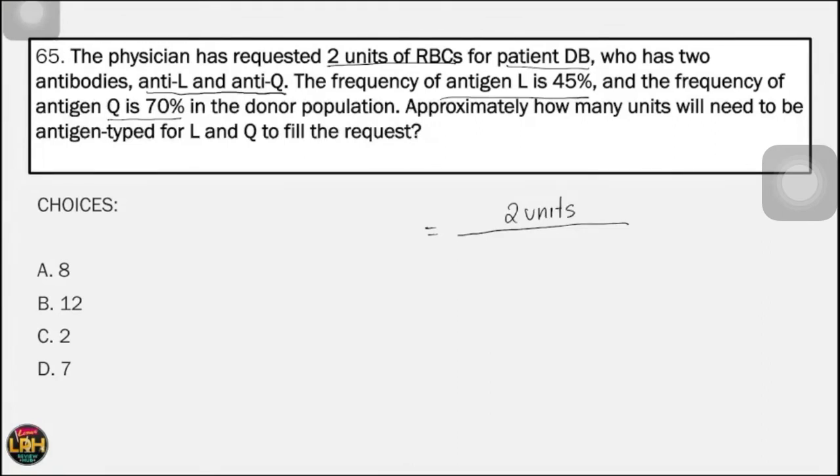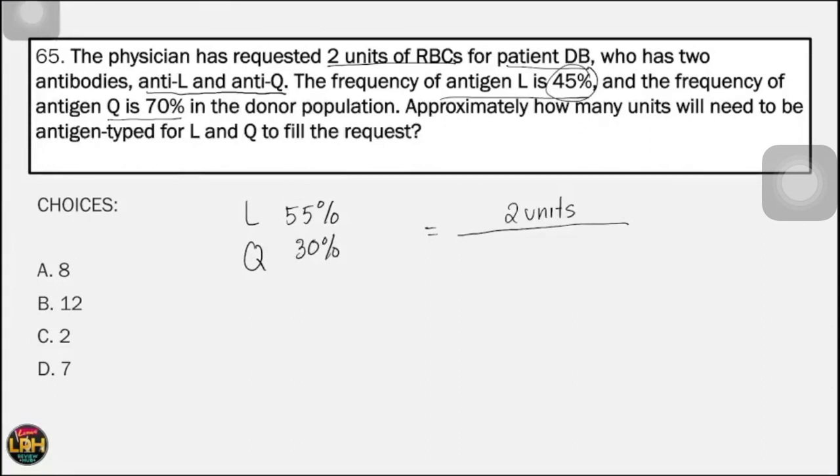For the antigen-negative individual, what is the frequency? For the L antigen, we have 45%, so 100 minus 45 is 55%. For the Q antigen, we have 70%, so the frequency of antigen-negative individuals is 30%.